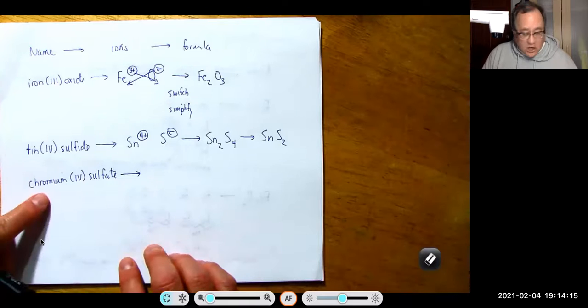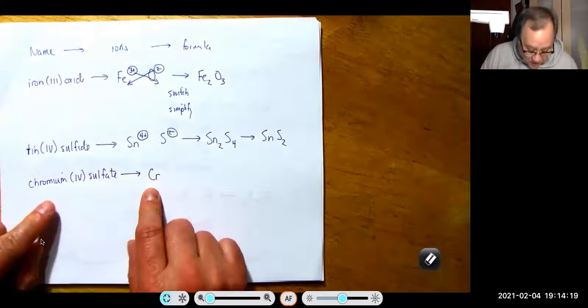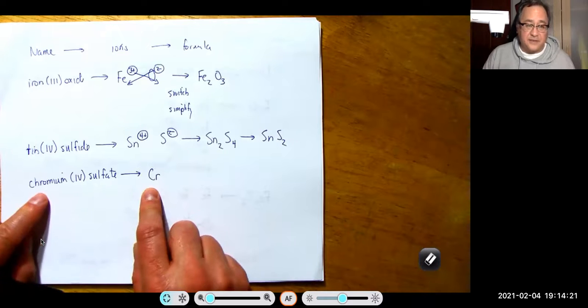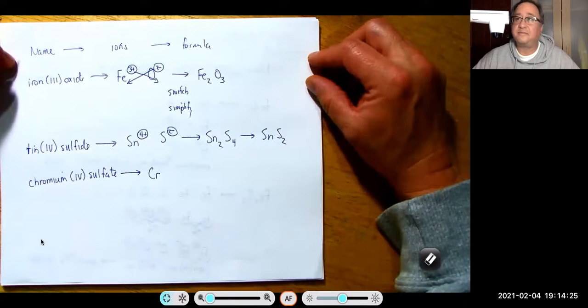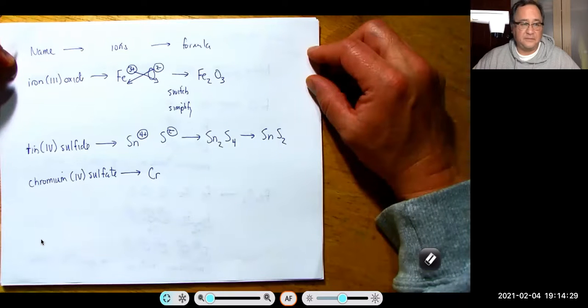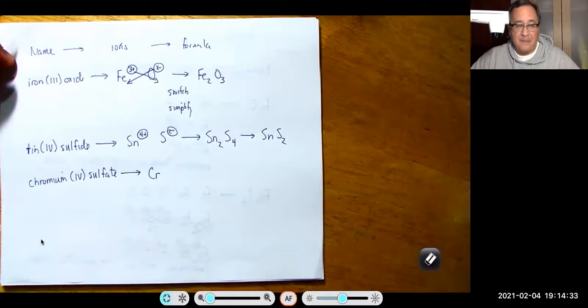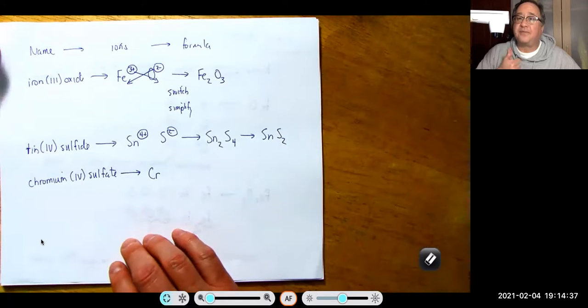Chromium is Cr. So of course, chromium is a College of the Redwoods favorite element. So give me a thumbs up when you're done.